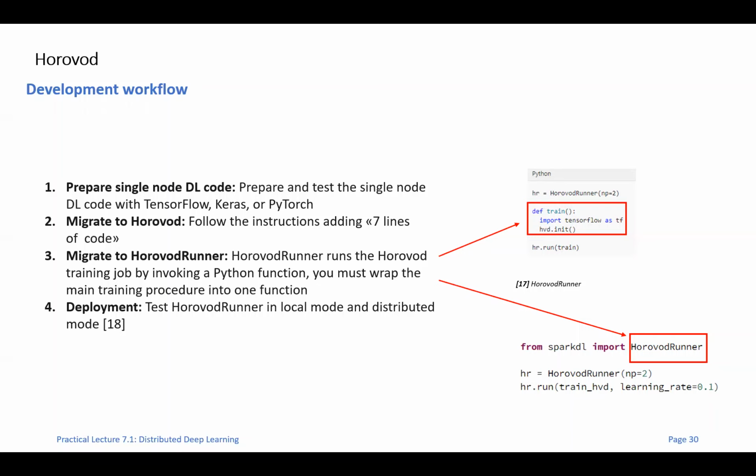And if you want to run it on cloud instances, it's nothing more than that, provided that you have all the libraries installed, because you just have to add these lines. Here I put an example importing from Spark DL, which includes the Horovod Runner API that has all the routines of Horovod, and you just need to initialize this Horovod cluster with the number of worker processes that you want to use, and basically that's it.